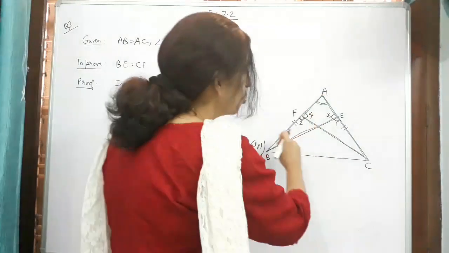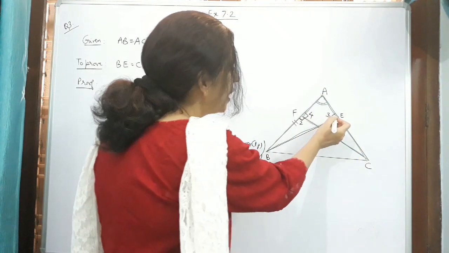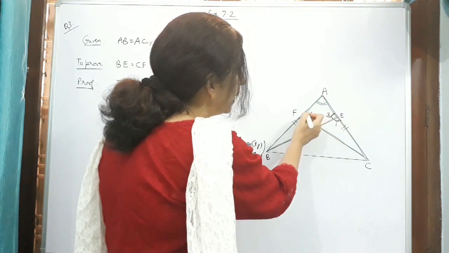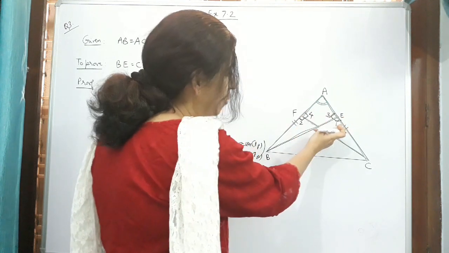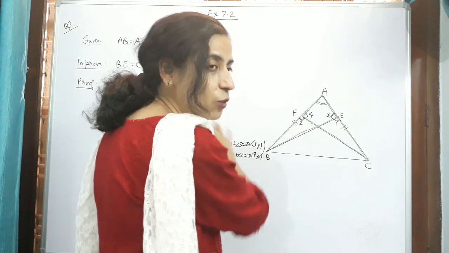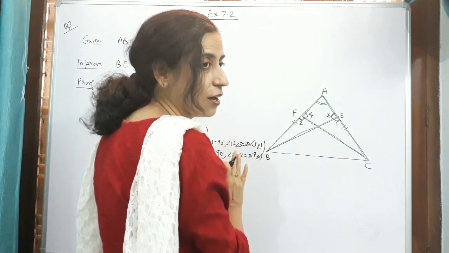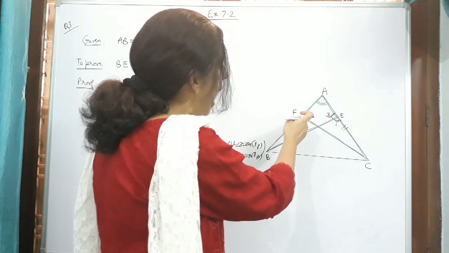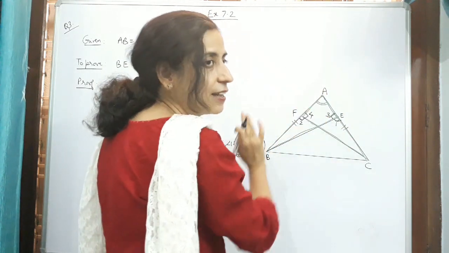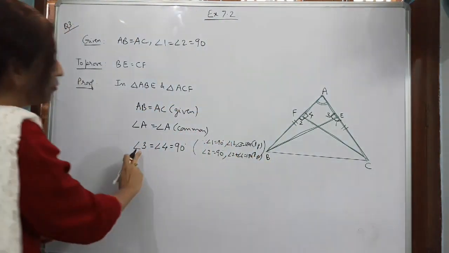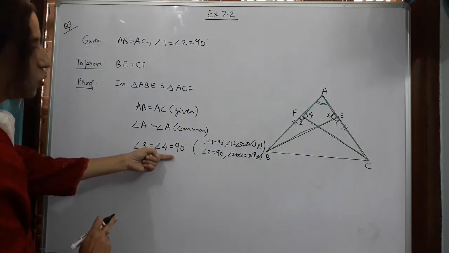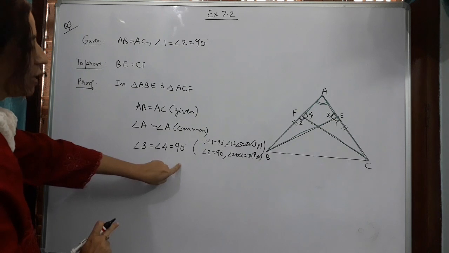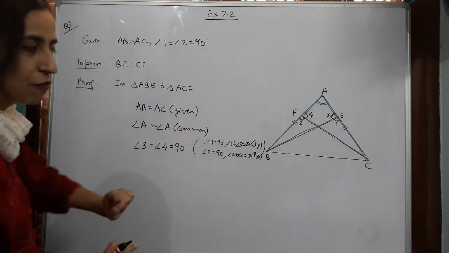Remember, when you are proving the two triangles to be congruent, you have to take the angle inside the triangle. If you write angle 1 is equal to angle 2, you will lose your marks. That would be wrong, because angle 1 is not inside triangle ABE and angle 2 is not inside triangle ACF. So you have to write down that angle 3 is equal to angle 4, each of measure 90 degrees, and this is the reason for it.